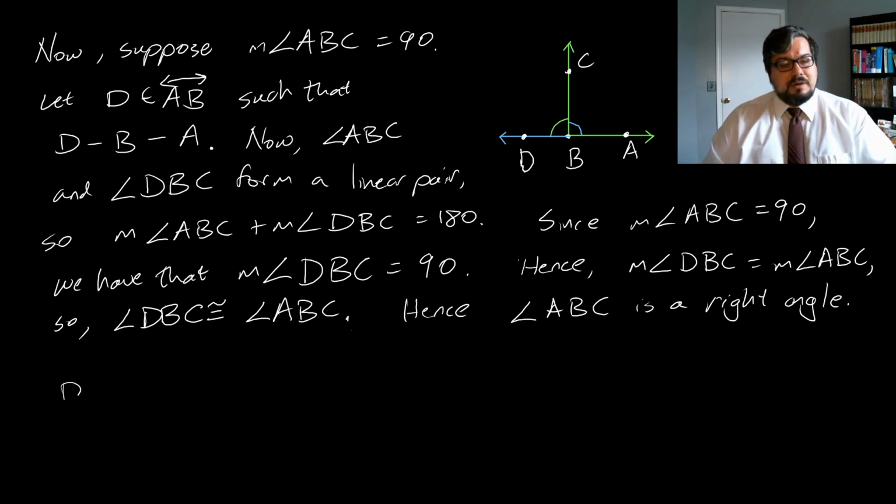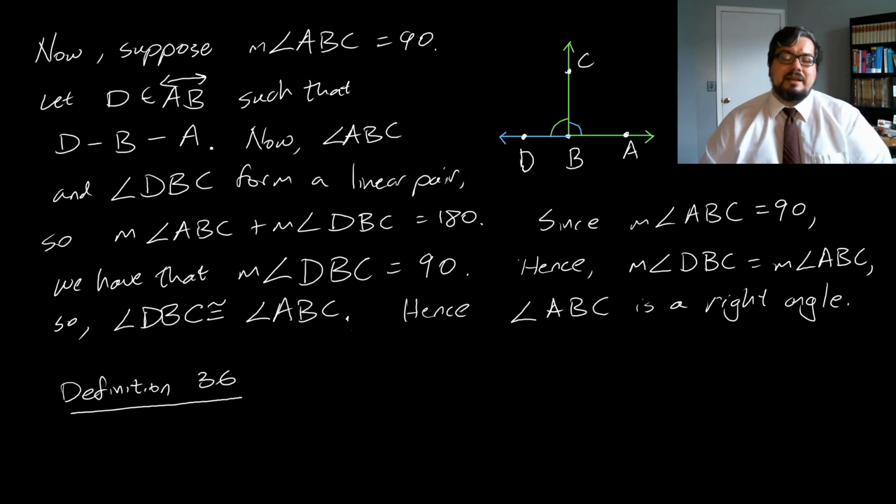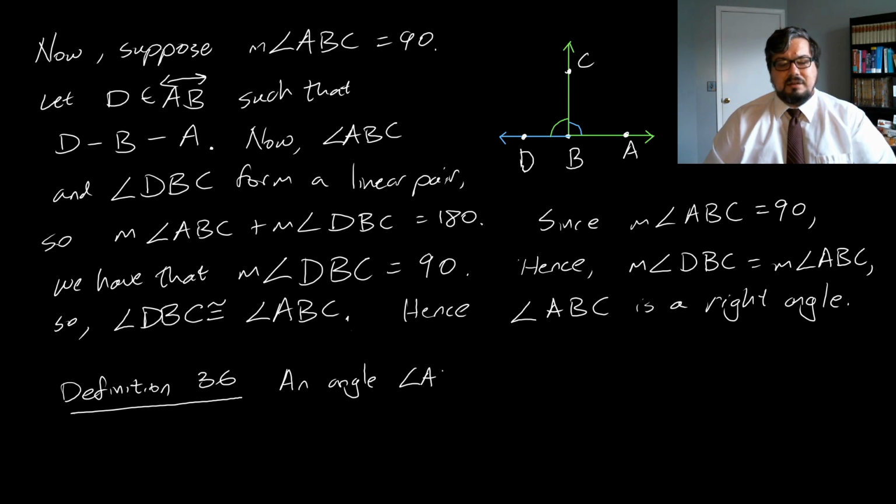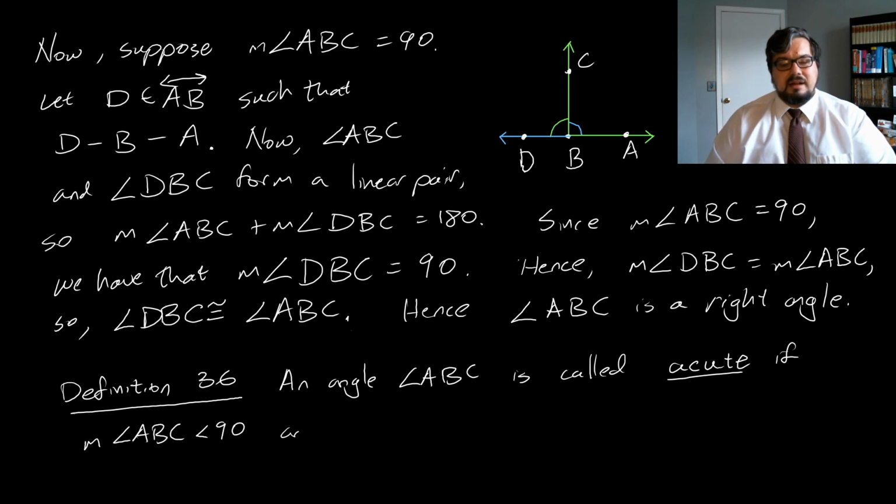All right, so once we have a right angle, and we know that all right angles have measure 90, this allows us to give another definition. So definition 36. An angle ABC is called acute if the measure of angle ABC is less than 90, and obtuse if the measure of angle ABC is greater than 90.